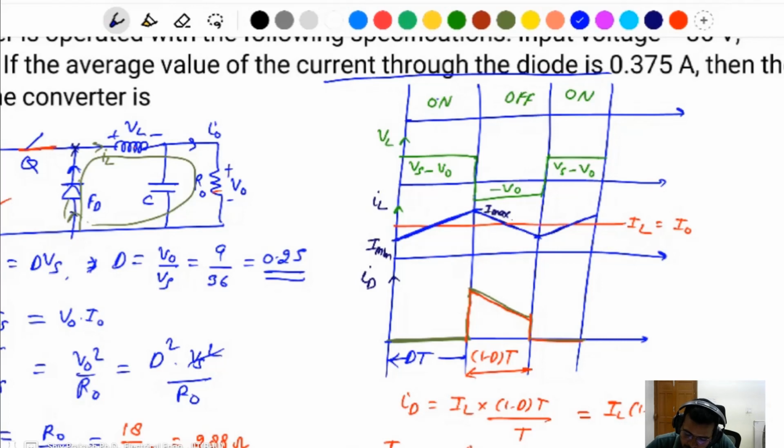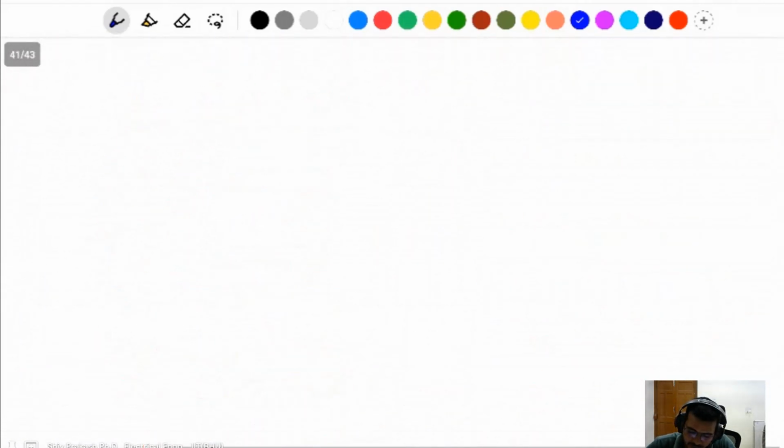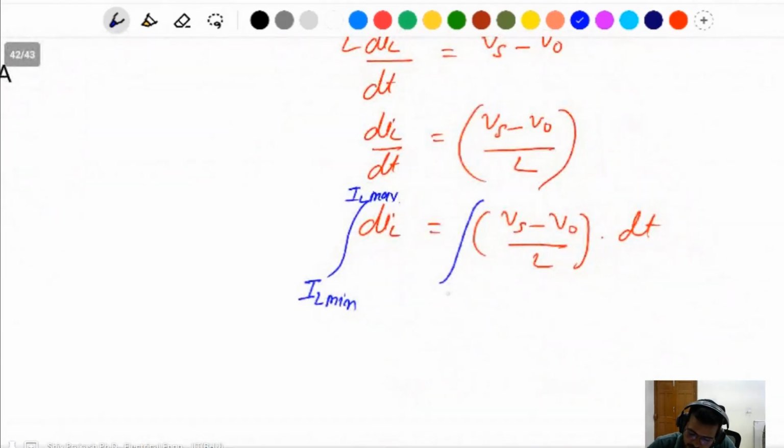If you take this as 0, then this will be D T. Then integrate in the time domain from 0 to D T, and in the current domain integrate from IL minimum to IL maximum.